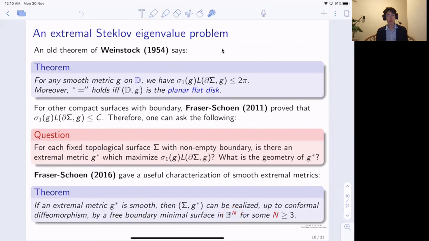So, like in the closed case, this gives a direct link between the extremal Steklov eigenvalue problem and free boundary minimal surfaces in a ball, which may be of higher codimension.